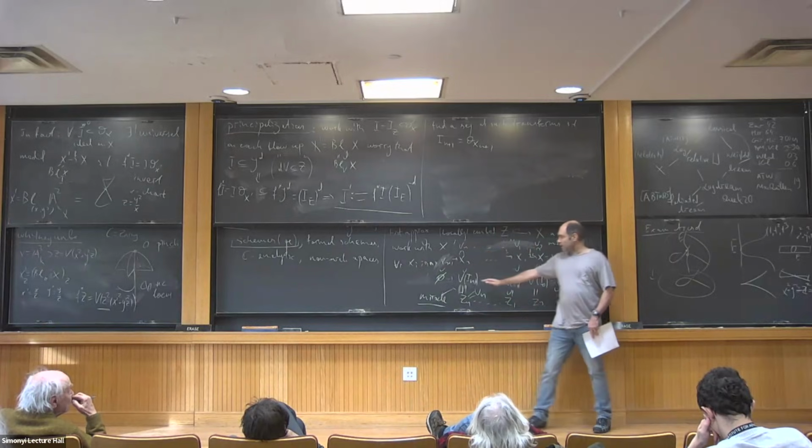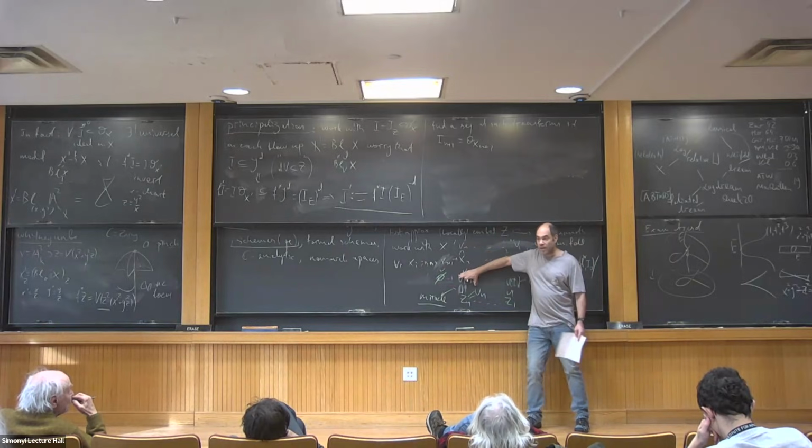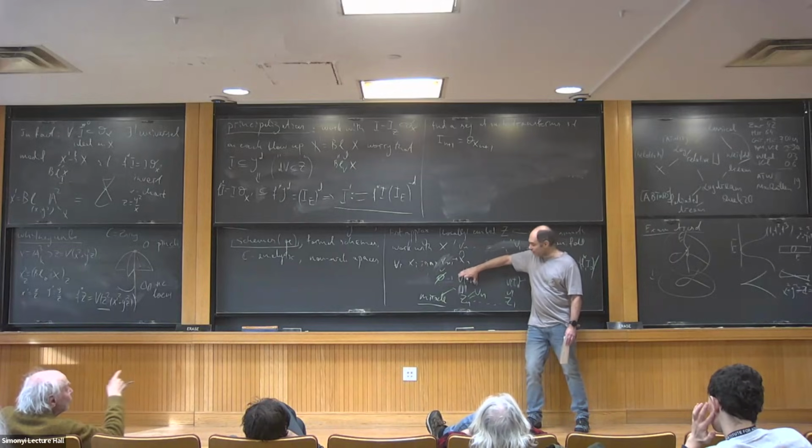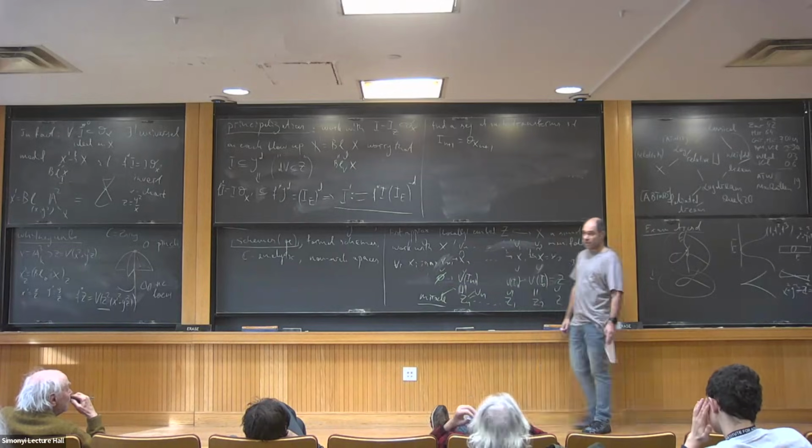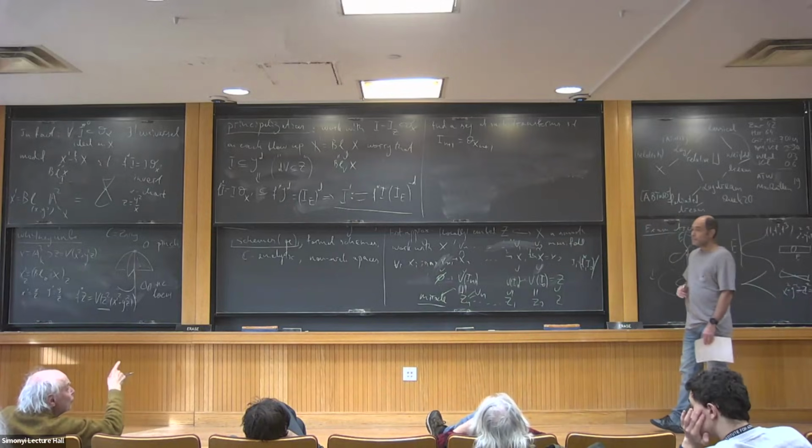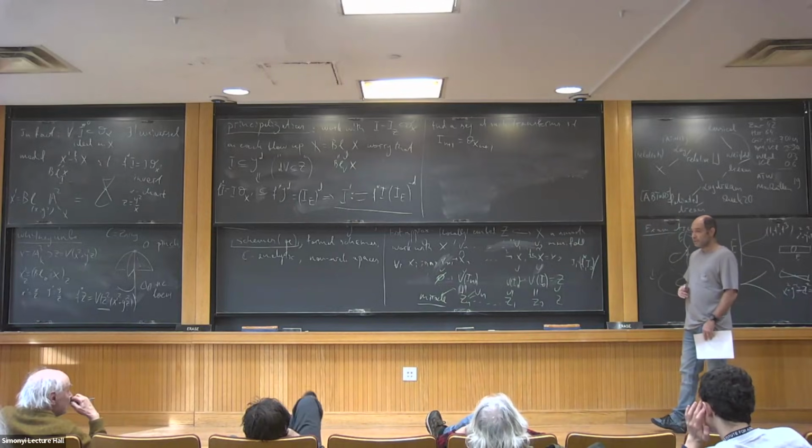And the only way to get something empty is to blow up the whole thing. At this stage, it is smooth, and that's the reason that it must coincide with the strict transform. All the centers are smooth. Yes, all centers are smooth.